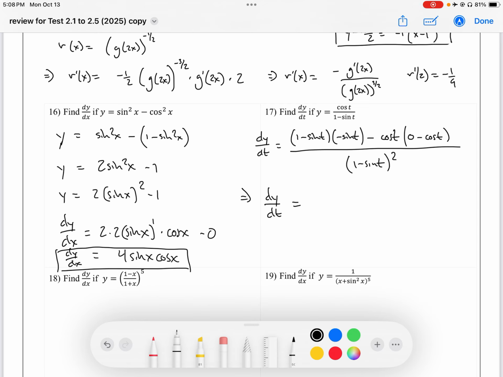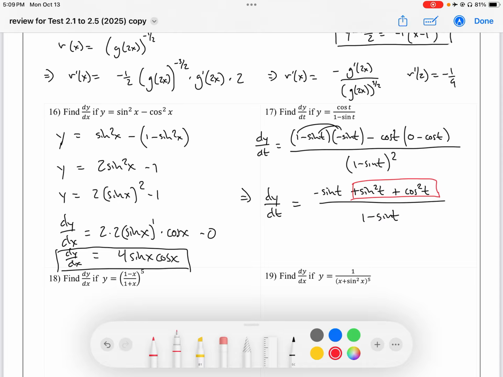Okay. So simplifying this, we're going to get negative sine t plus sine squared t plus cosine squared t divided by 1 minus sine t squared. But this right here is 1.